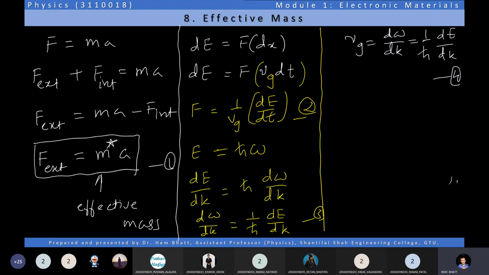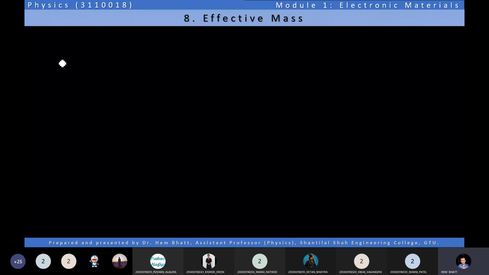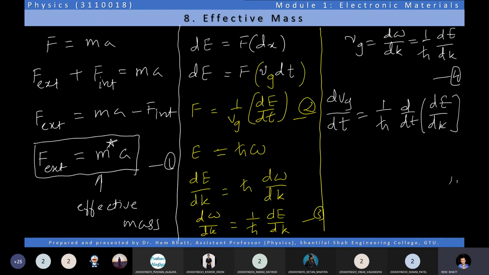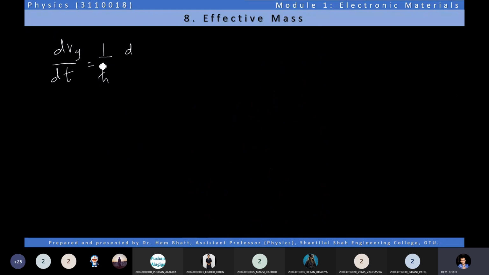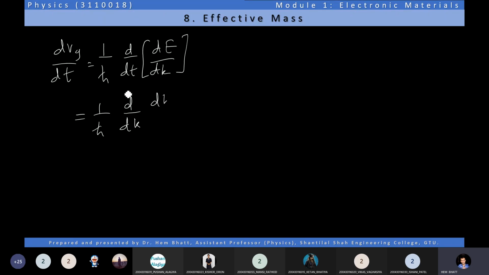Now if I differentiate Vg, dVg by dt, I can write this as 1 by h cut d by dt of dE by dk, and that can be written as 1 by h cut d by dt of dE by dk times dk by dt.